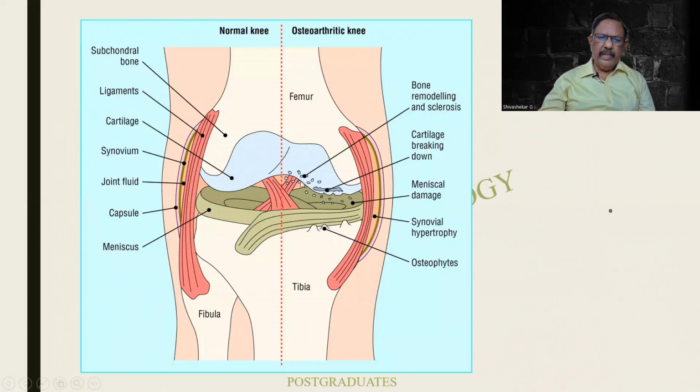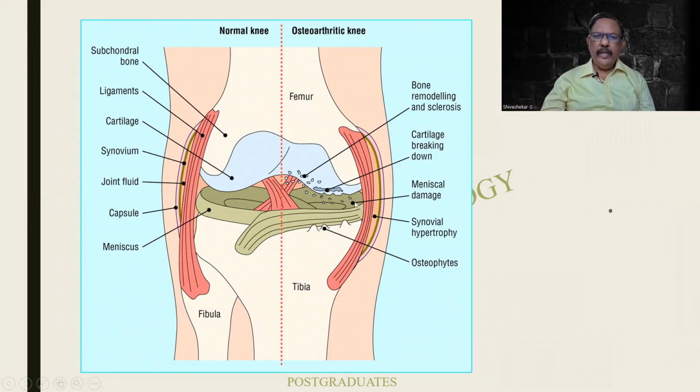There is a meniscus or a horizontal ligament, and also you find that there will be the crossing ligaments, and these will be damaged in a case of osteoarthritis. So there will be a kind of bone remodeling, there can be a sclerosis, the cartilage can break down, and there can also be a meniscal tear.